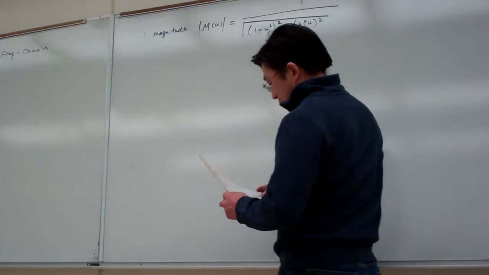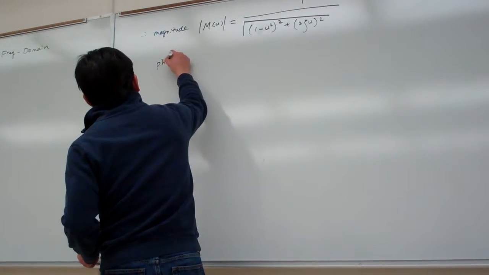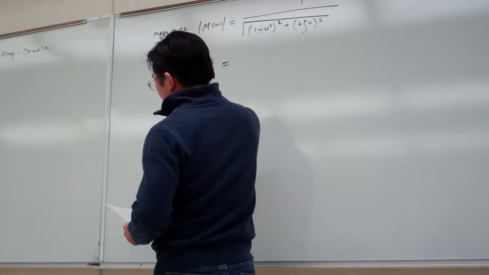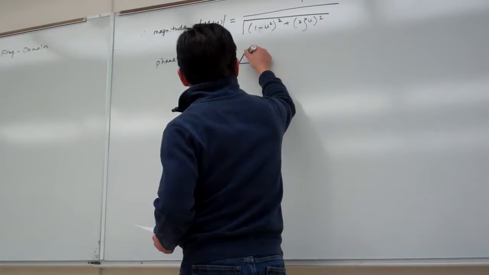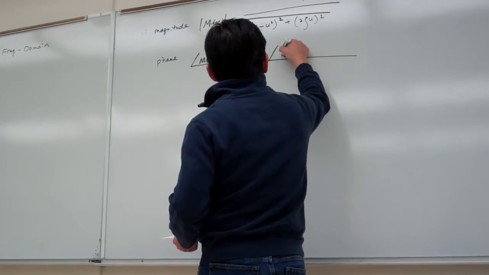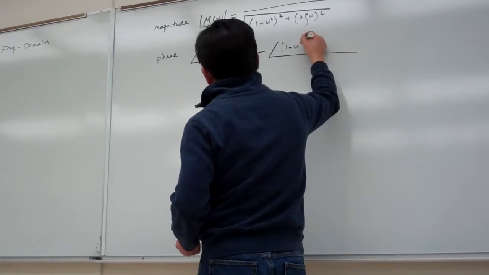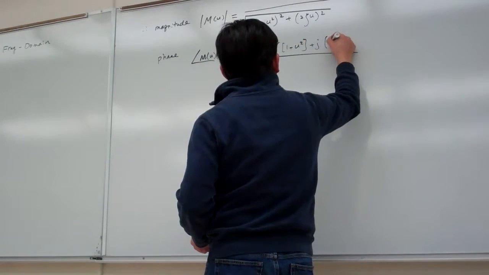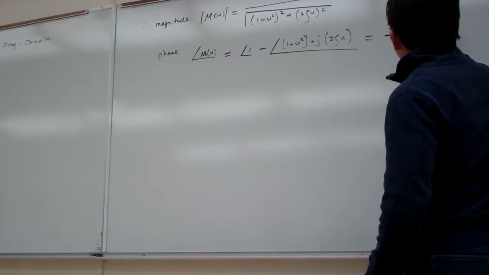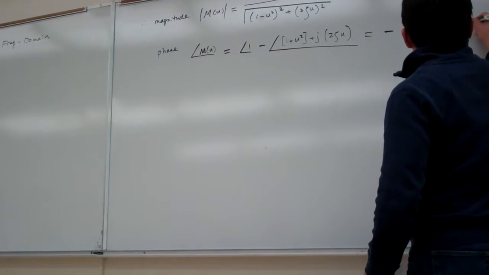So the phase. I just got the information prepared. The phase will be equal to the numerator minus the denominator here. So that will be equal to minus arctangent of zeta u over 1 minus u squared.